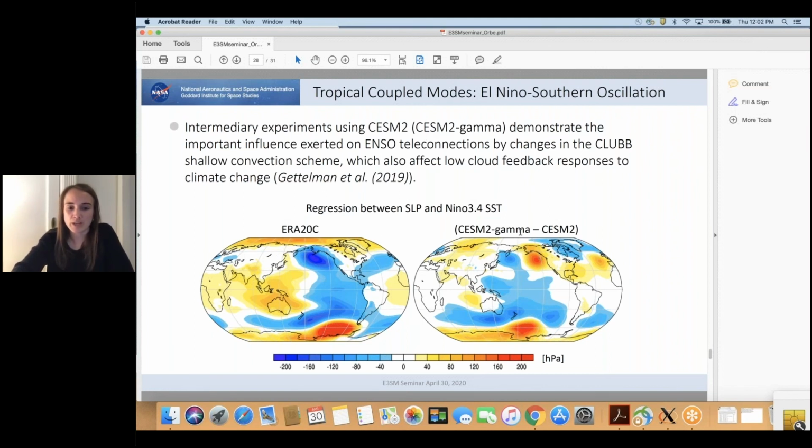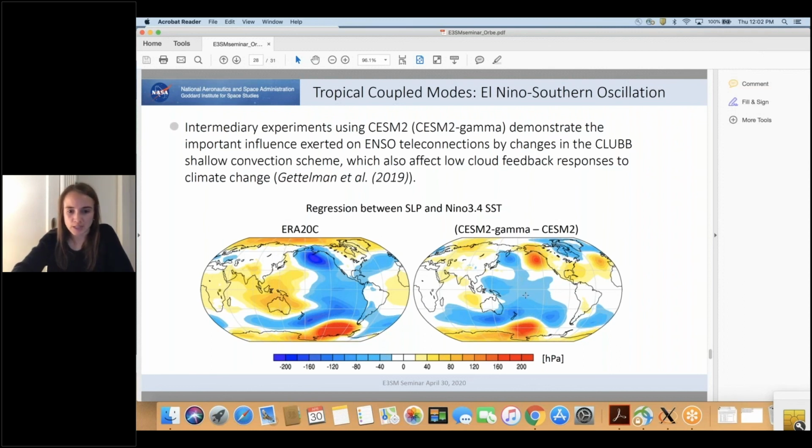What he's showing is these differences in the case where gamma has been perturbed from its default value, and we see this perhaps unexpected impact on teleconnections at higher latitudes.